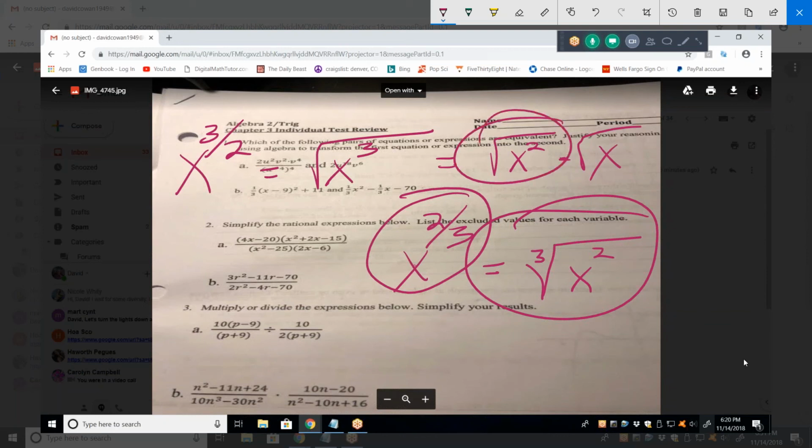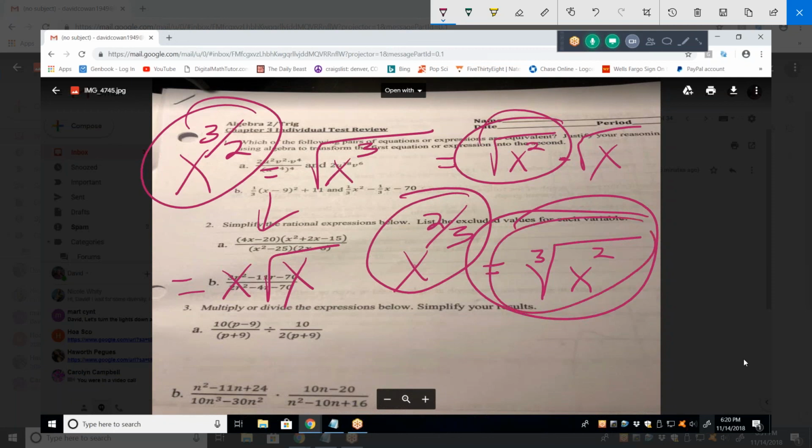So this one over here becomes just x times the square root of x. That's what that would mean. So the rule is you have to bring out whatever you can bring out from under the radical sign. But a lot of times you can't bring out any. I can't bring out anything when I'm taking the cube root of x squared.